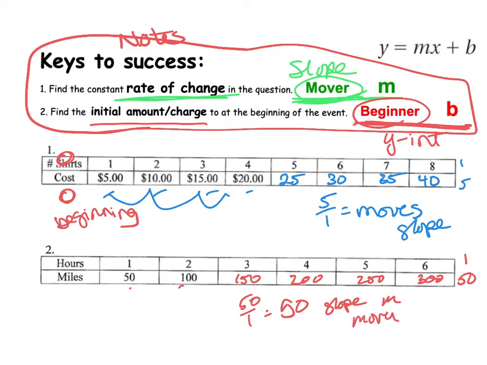It is going up 50 each time. And sometimes it can be decreasing and going down 50. Our y-intercept, if we brought this back to 0 hours, we would go 0 miles. That is our beginning, our b, our y-intercept, however you want to call it. That's our starting point.